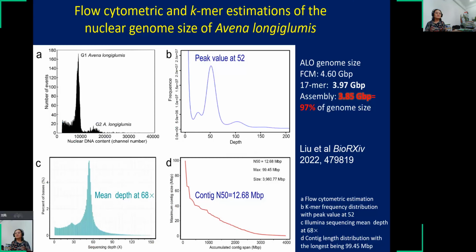ALO genome size was estimated to be 4.6 gigabases by flow cytometry and 3.97 gigabases calculated by k-mer analysis. The chromosome-scale genome assembly size was 3.85 gigabases, 97% of the k-mer estimation result.